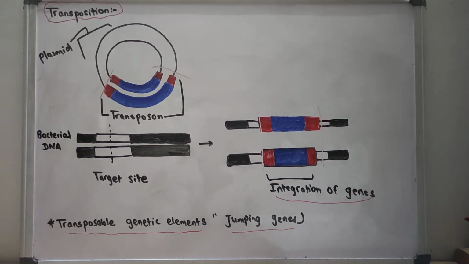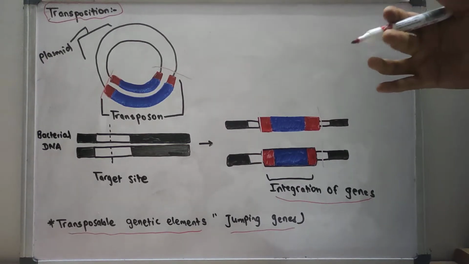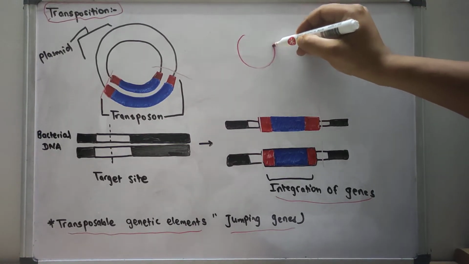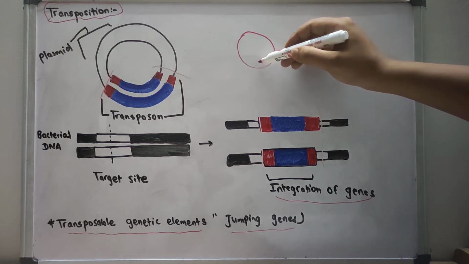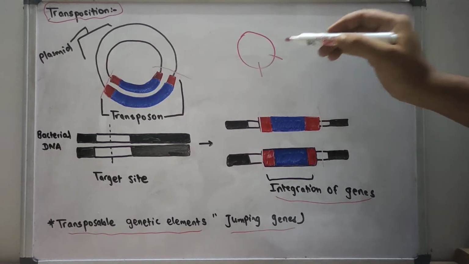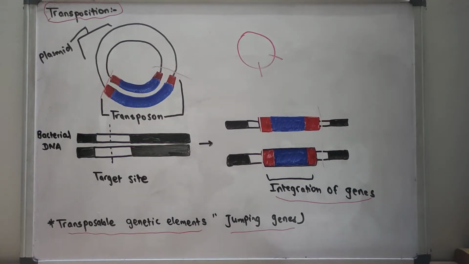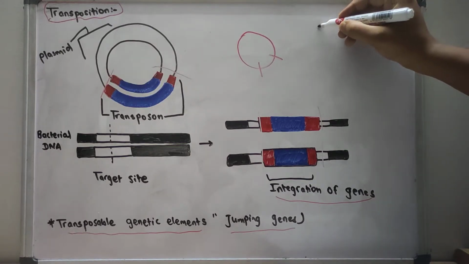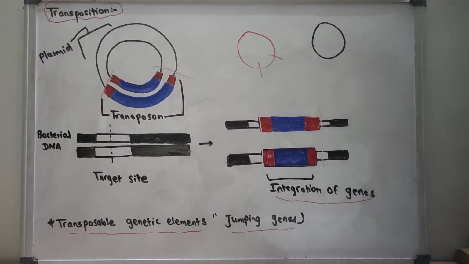So for example, let us take an example of one bacterium. The plasmid of that bacterium has the property of drug resistance, but if we look at another bacterium, for example, this bacterium doesn't have the property of drug resistance.